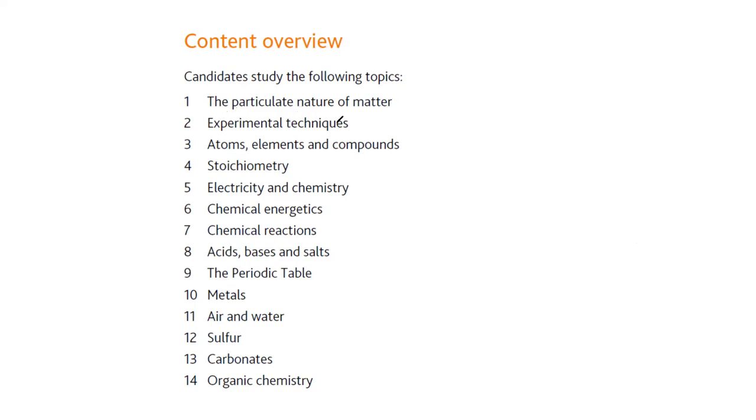The second one is experimental techniques, atoms, elements and compounds, stoichiometry, that's related to moles, electricity and chemistry, chemical energetics, chemical reactions, acids, bases and salts, the periodic table, metals, air and water, sulfur, carbonate, and the last one is organic chemistry. We will follow the syllabus in sequence. We'll start our first topic, which is about the particulate nature of matter.